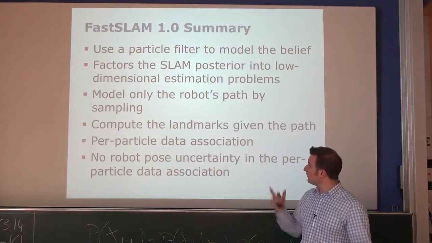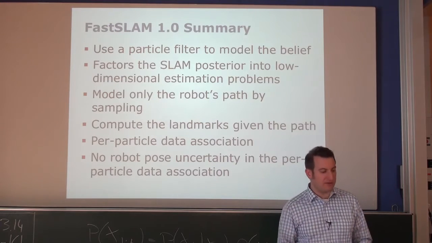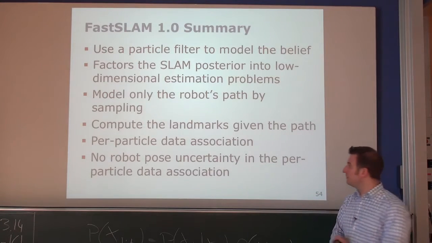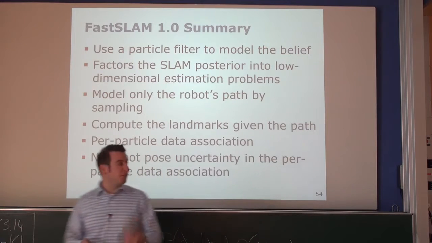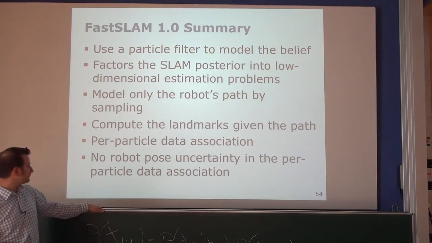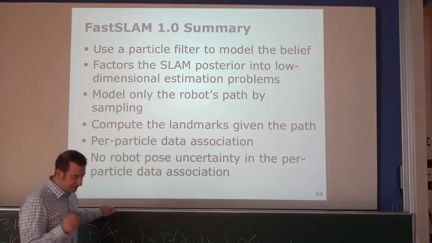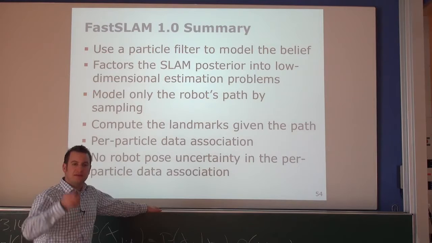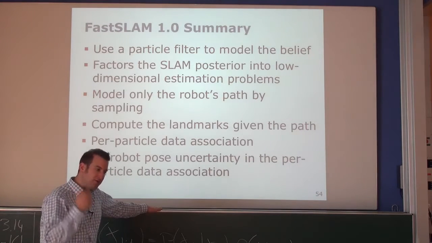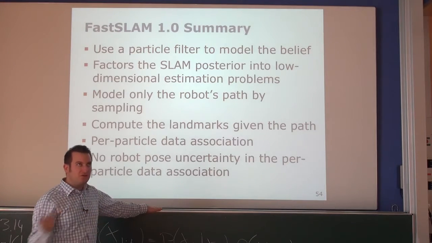As I said, it models the robot's path by samples. It computes the map given the path, and we can do a per particle based data association. And this is the reason why the data association is simpler in this case: you don't have a distribution.